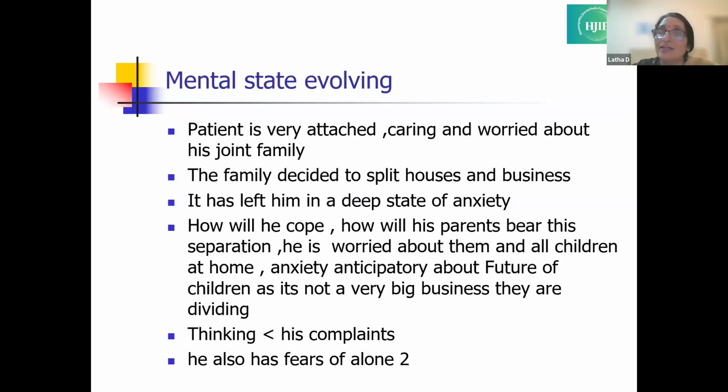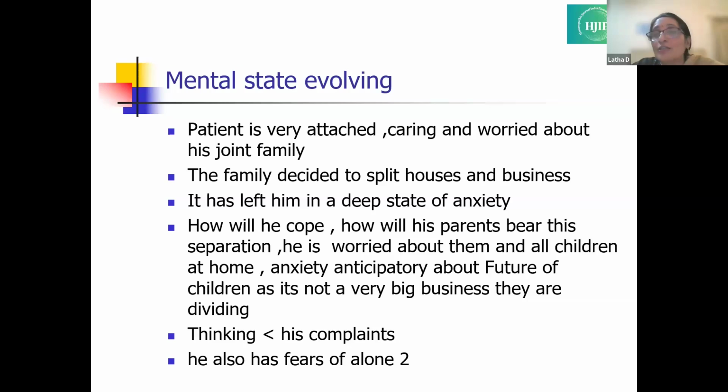What was initially an anticipation, whether this is going to happen or not, has now come down to a problem that he does not know how to handle. His sensitivity is not able to accept how his parents are going to cope with this. How are the children in this house? Each of them has two kids, and he's so attached to all six of them.